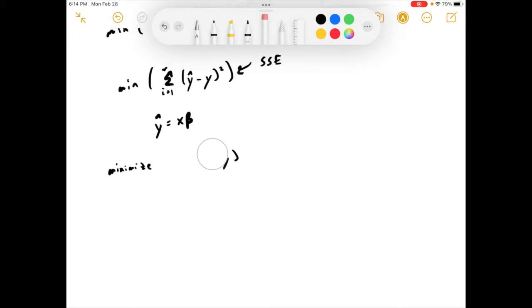And I actually want to rearrange those. So I'm going to say y minus x times beta transpose times y minus x times beta. Got to do this transpose thing because we're talking about vectors now, and you can't just square a vector. It doesn't really work out if you guys are familiar with linear algebra.